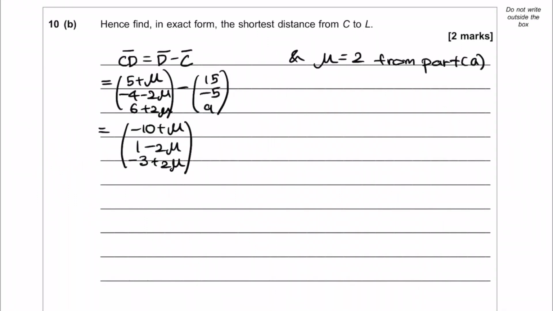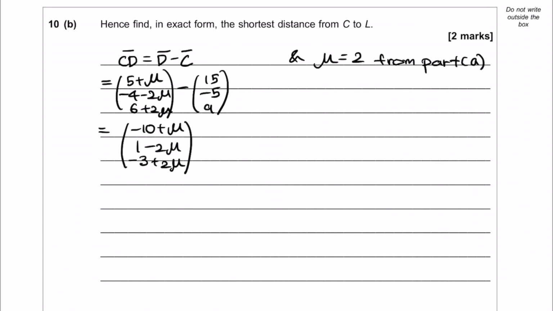Part 10b also starts with hints: again, go to part A, find any useful information from there, and apply it to part B. Here it's asking for the shortest distance from C to L, and we found that it was actually the length of CD, because D was the closest point to C. And from part A, we also found that mu was actually 2.